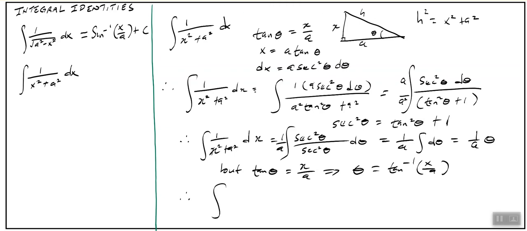Therefore, in conclusion, our solution to the integral of 1 divided by x squared plus a squared dx is equal to 1 over a tan inverse of x divided by a.